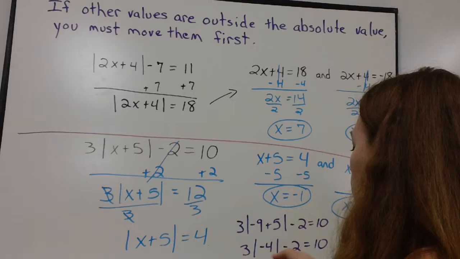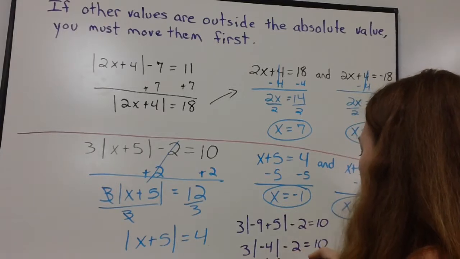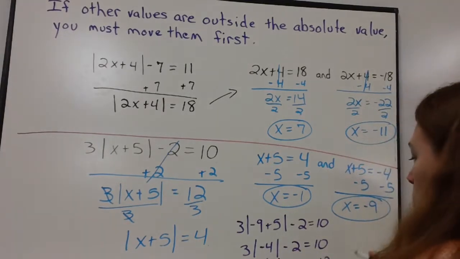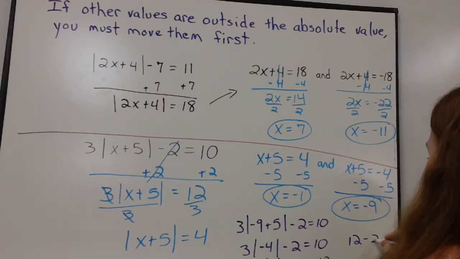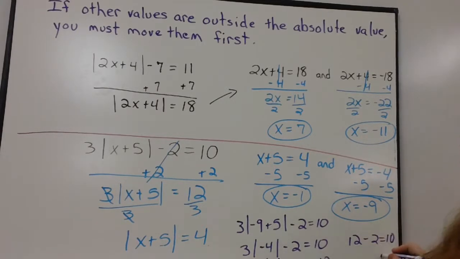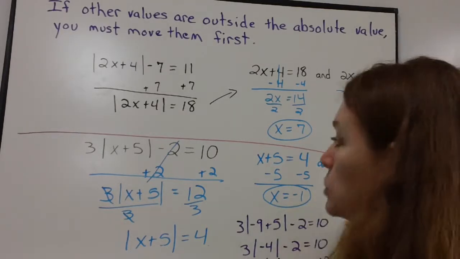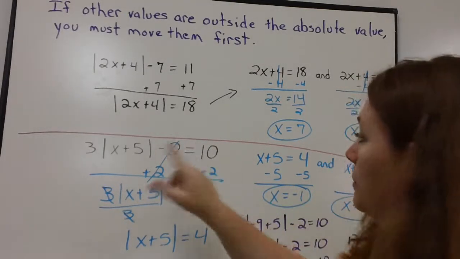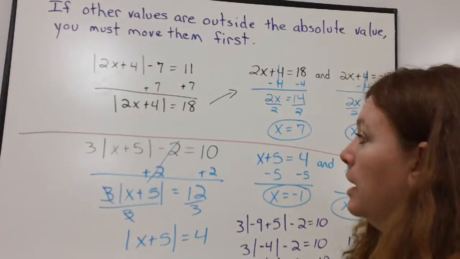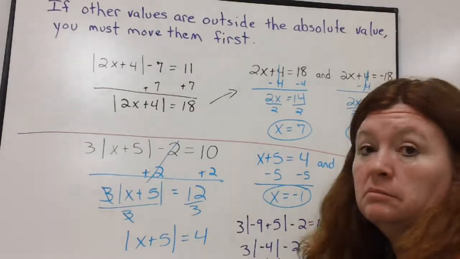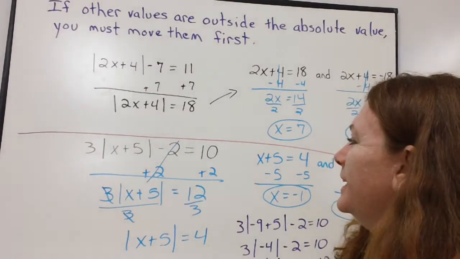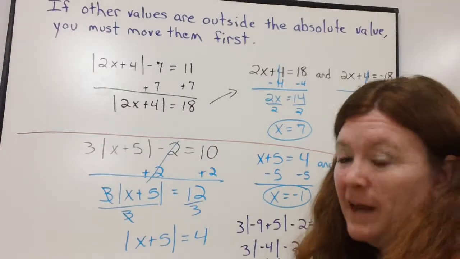It's 4. And 12 minus 2 does equal 10, so I know it's right. You should be able to take your two answers and one at a time plug them back in and get the right solution. It should work and give you a correct value.